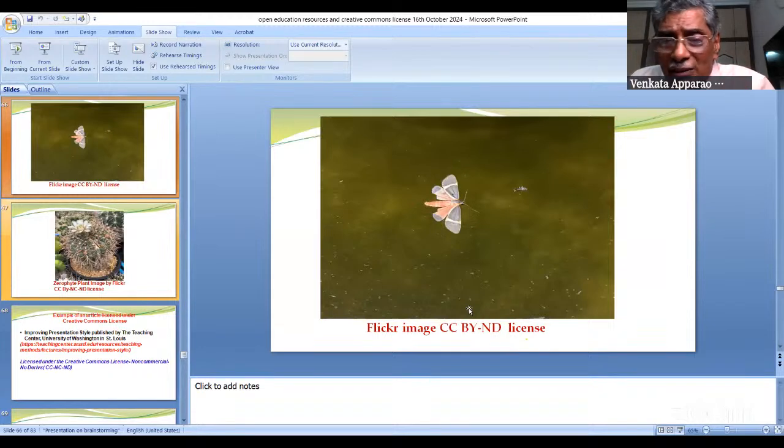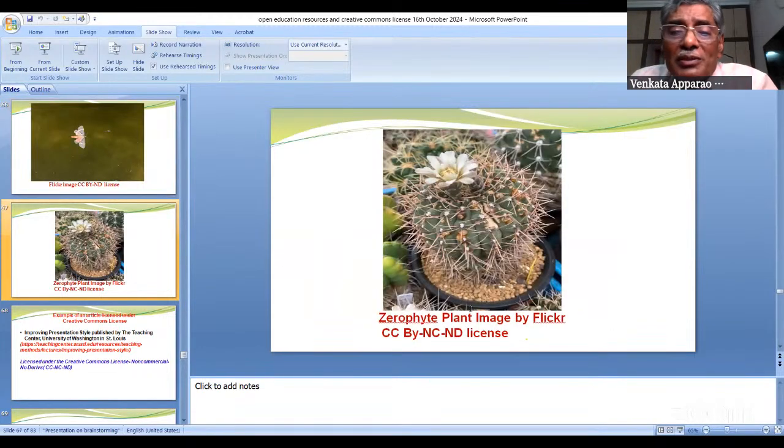I am showing different examples. This is a xerophyte plant image, again from Flickr. Again licensed by CC BY NC ND, non-commercial, no derives.